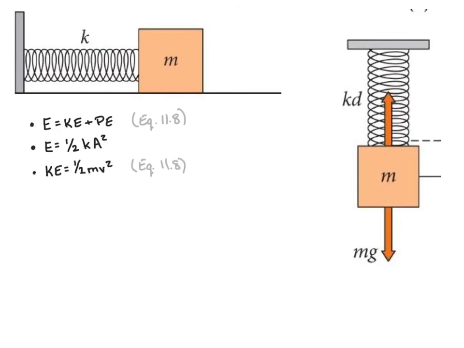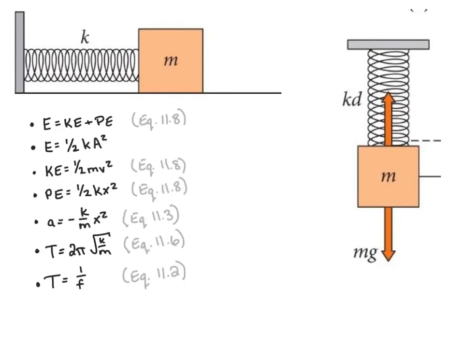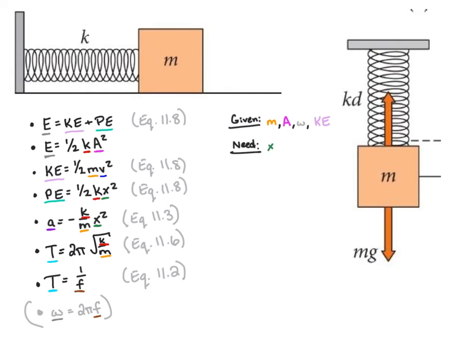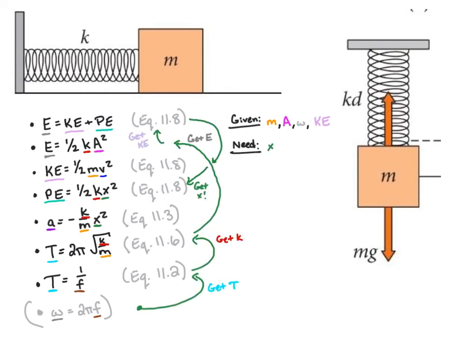These equations, along with equations 11.3, 11.6, and 11.2, give us multiple ways to relate all of the key quantities involved in simple harmonic motion. Your task is to determine which variables you are given, which variables you need, and how to manipulate the equations to get to your answer.